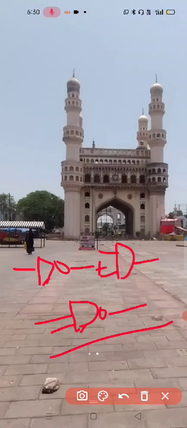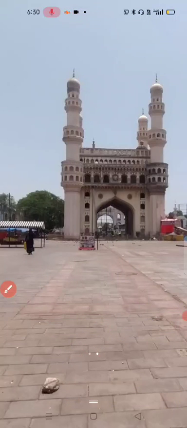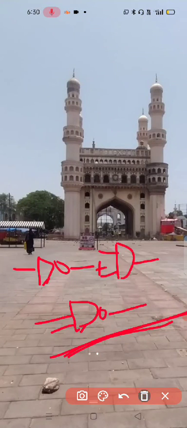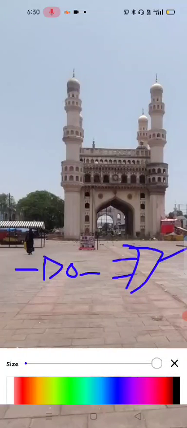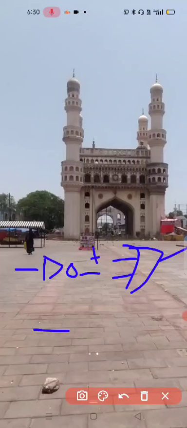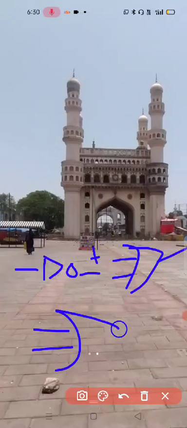So this is the NOT gate plus AND gate, which gives the NAND gate. Similarly, NOT gate plus OR gate gives the NOR gate. So this is the NOR gate.